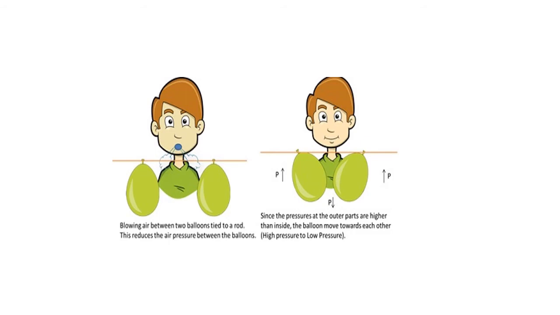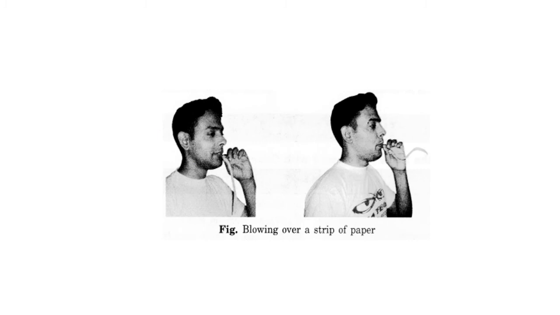Now let us move towards the next activity, activity 8.4. In activity 8.4, you have to hold a strip of paper 20 cm long and 3 cm wide between your thumb and your forefinger.